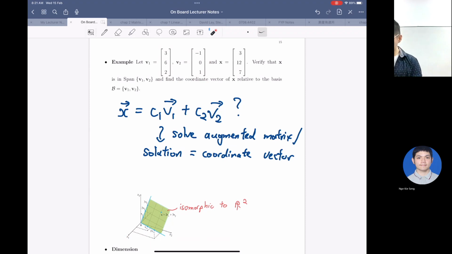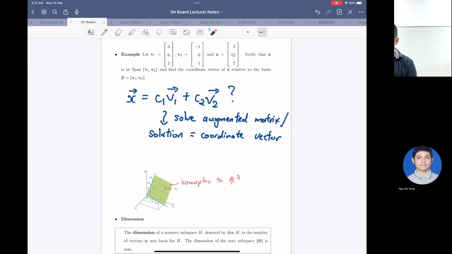If you want to ask whether x is in the span or not, that means X will be lying in the plane that's spanned by V1 and V2. If it lies on the plane, then it is a linear combination of V1 and V2. If it lies outside the plane, then it is not in the span of V1 and V2. So this is the geometric meaning of span.